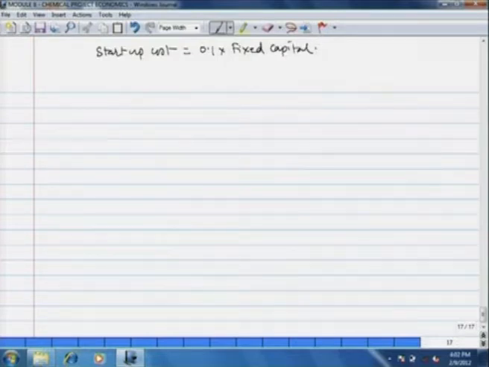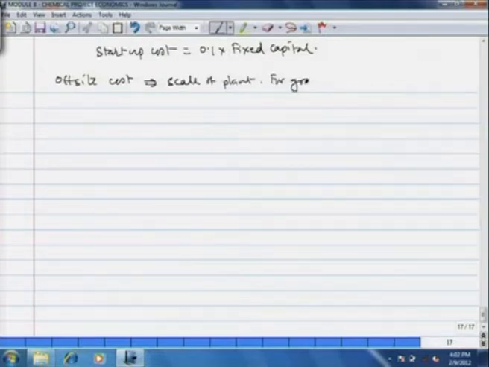As far as the offsite costs are concerned, those depend on what scale of plant. If you are going to go for a grassroots plant from scratch, the offsite cost may be 2 or sometimes even 4 times the cost of on-site cost.